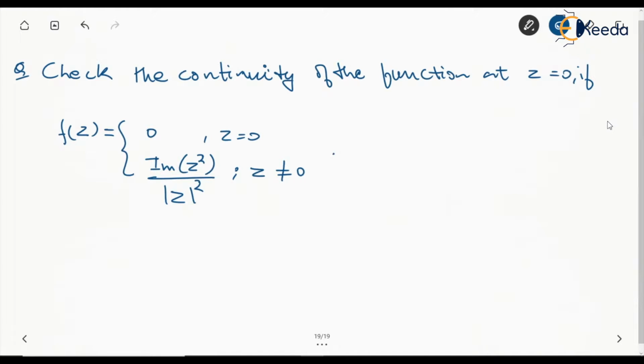So basically there's a function f of z which is 0 at z equal to 0, and for z not equal to 0 it is given by this imaginary part of z square divided by mod of z square.